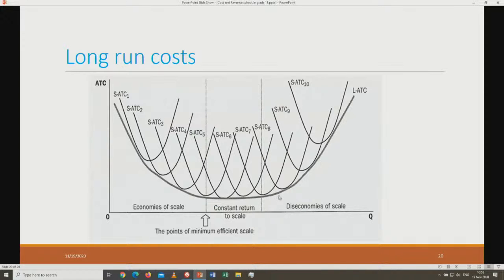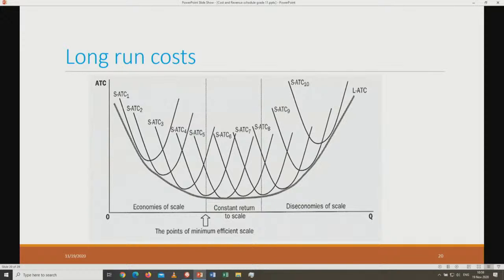So when the average cost increases, we're saying the business is experiencing diseconomies of scale.